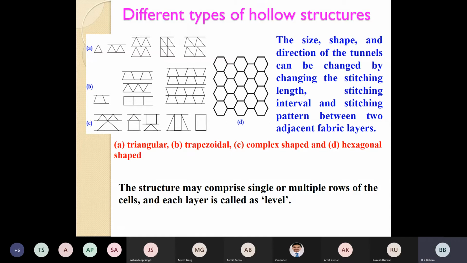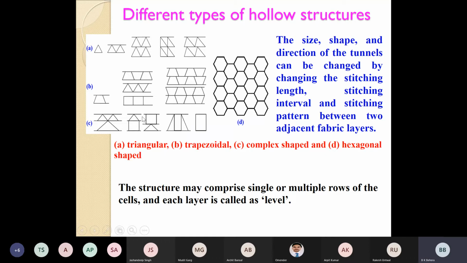It is possible to produce such complex spacer fabric, where it is not only one spacer hollow, it can have multiple space and multiple hollow. It can have the cell geometry, not only rectangle or square, it can be triangle, trapezoidal, double triangle, double trapezoidal, many shapes.